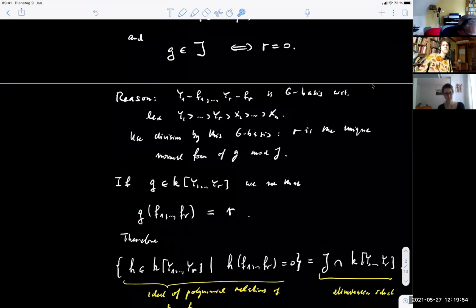And this is 0 if the normal form is 0. And this is exactly the case when my H is in J. So I assume I have an H polynomial only depending on the Y variables. Then I see this equals 0, which is the remainder, the normal form, if and only if H is in J. So this is exactly that. Good. Well, any questions on that?